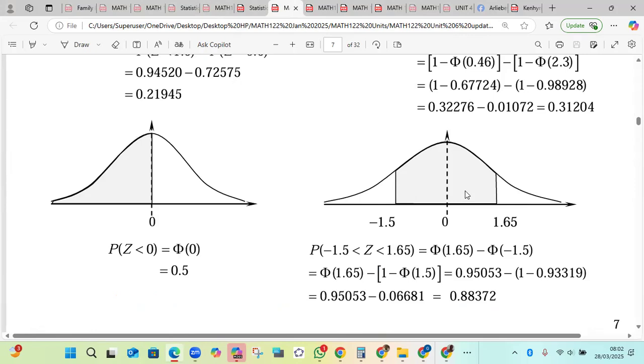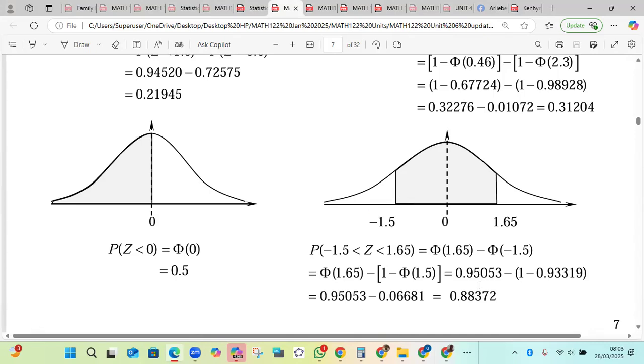Okay, so therefore what we're going to do is find phi of both of them and subtract them from each other. Phi of the positive, we can get straight from the table, is a big chunk, less than 1.56, 1.65, for example. We're going to get a value more than 0.5. And phi of the negative is a tail, so we must do a 1 minus.